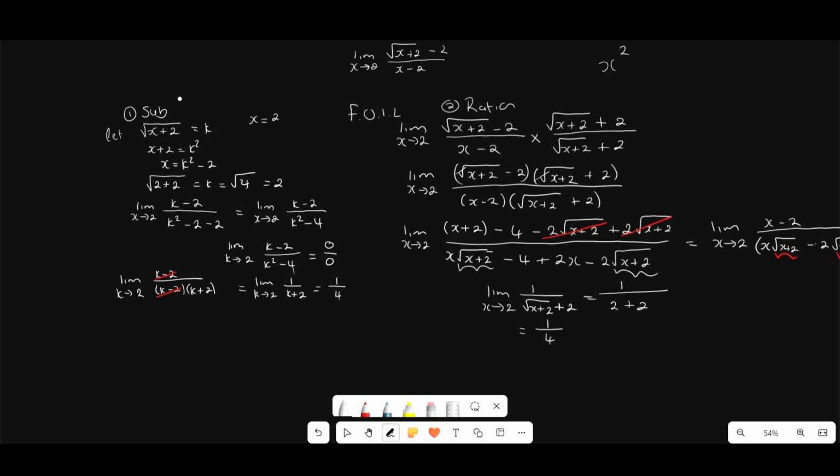Then the substitution method wouldn't work, right? The substitution method wouldn't work if it was x squared, or x cubed, or x squared minus something. In that case you have to use the rationalizing method, right?